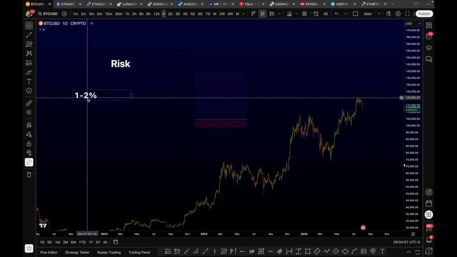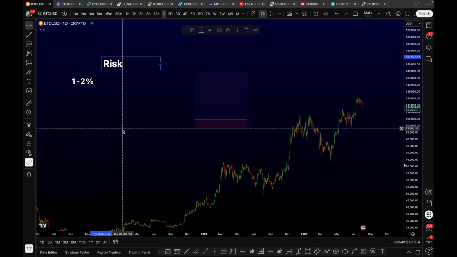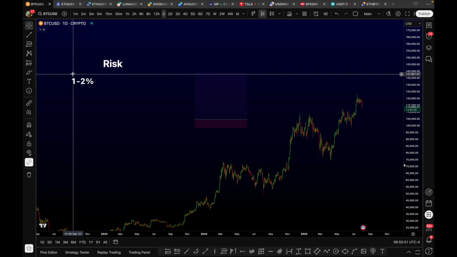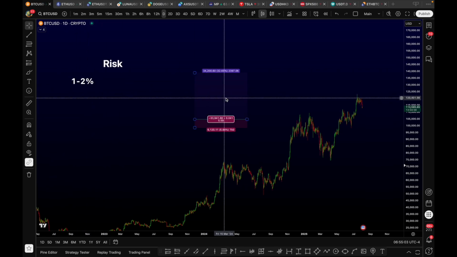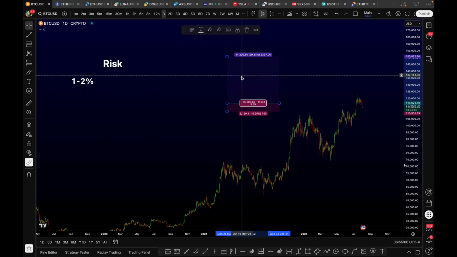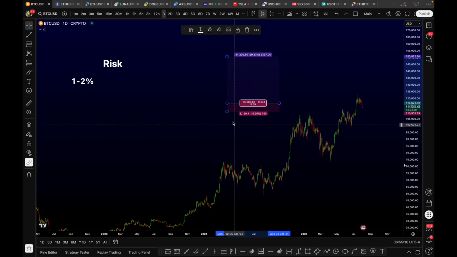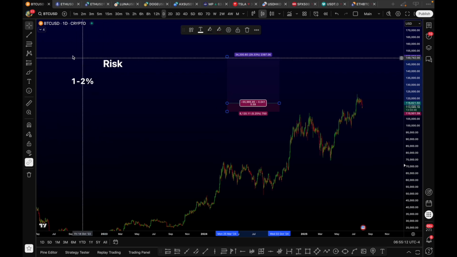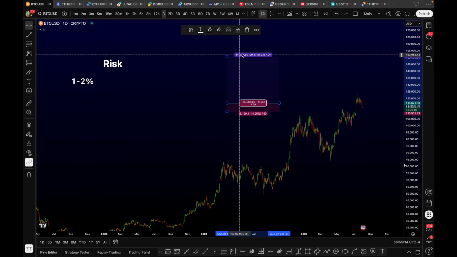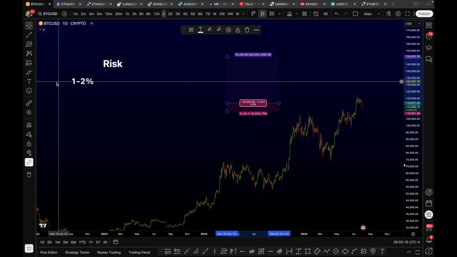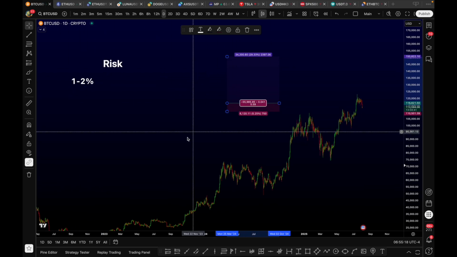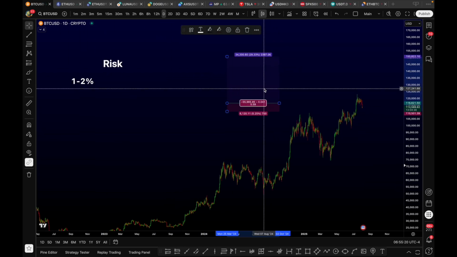And play this consistently. Another reason why we don't risk so much is because we play risk to reward. I drew this trade window here, and as you can see, this would be a 5R trade. This means my 1 to 2%, if it hits the best case target, would be 5 to 10%, which is already a good gain.